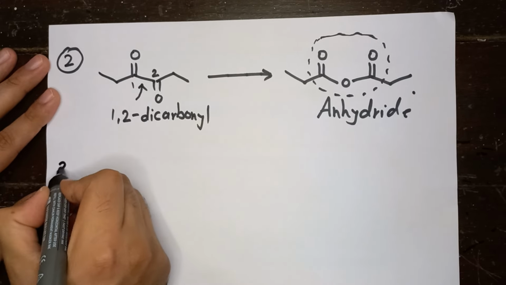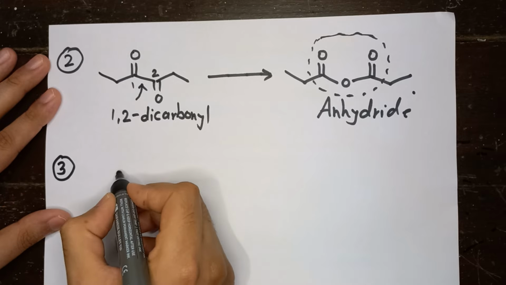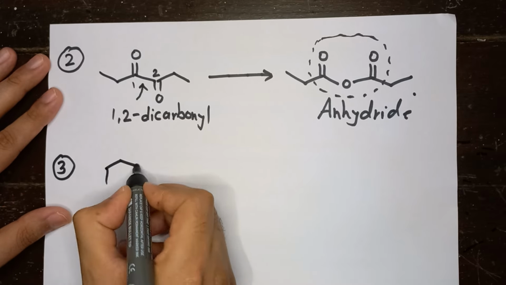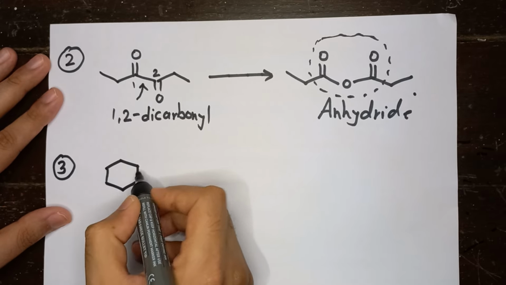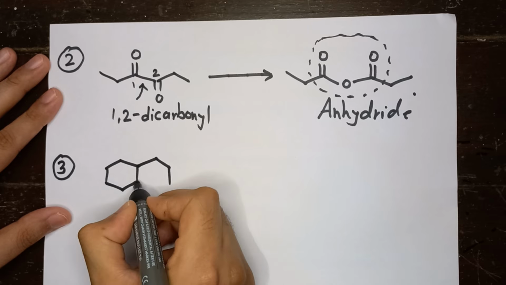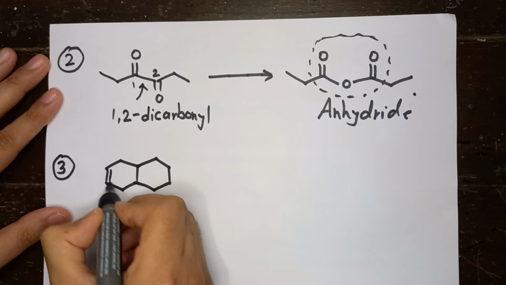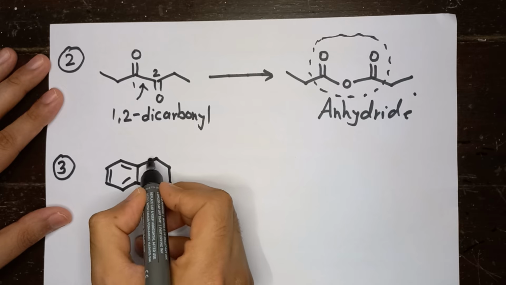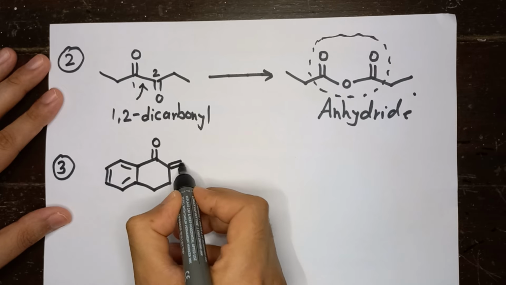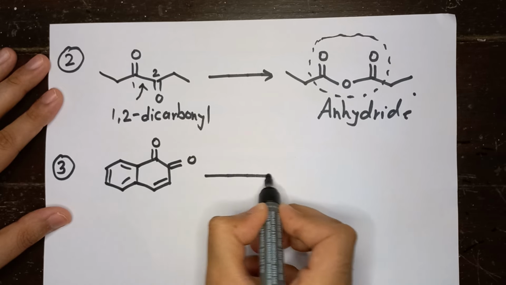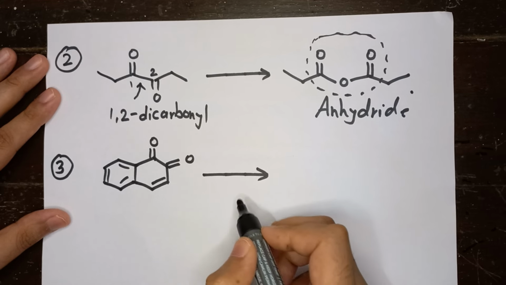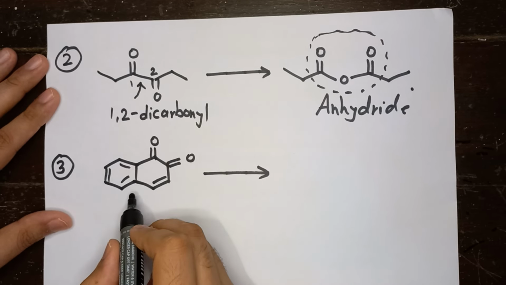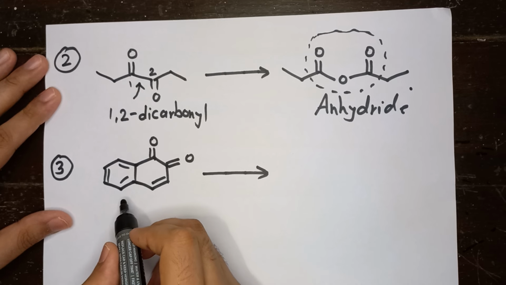Another example can be this. So what do you think? What is the product if I subject this particular starting material to m-CPBA or do Baeyer Villiger oxidation?